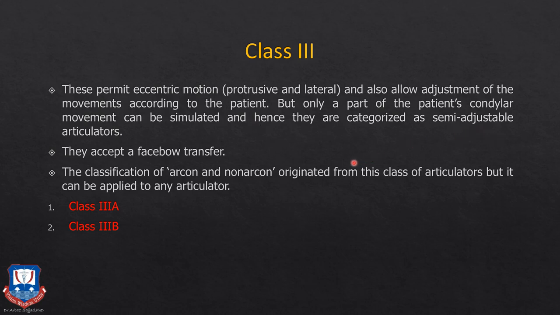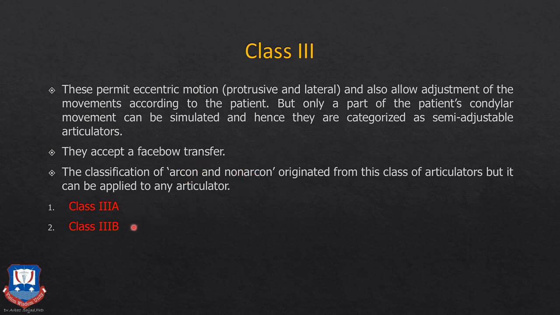You can adjust the horizontal condylar guidance, the lateral condylar guidance, the incisal guidance, but to a certain extent, and not accurately as it is in the patient, because these articulators accept static records and not dynamic records. But the key difference between class 2 and class 3 is that they accept the facebow transfer, and these are the articulators that come under the classification of arcon and non-arcon articulators.